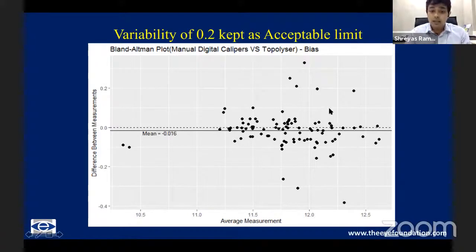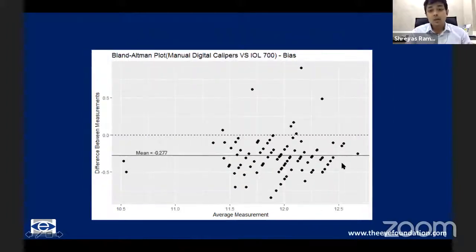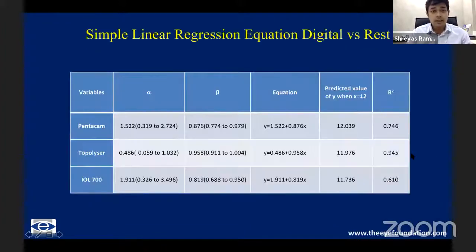With the Topolyser, it was a little less. It was more tightly packed. But when we went to the Pentacam, it was a lot more spread out, as you can see in this Bland-Altman plot. And with the IOL 700, just like in the previous papers with the IOL 500 as well, there was a tendency for overestimation of the white to white as compared to the digital caliper.